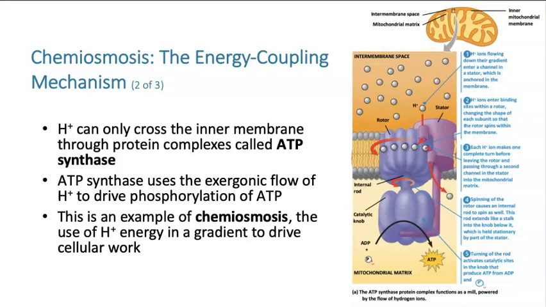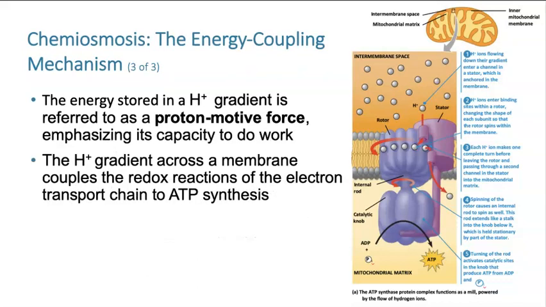Chemiosmosis is defined as the use of proton energy in a gradient to drive cellular work. We can also use the term proton motive force to describe chemiosmosis, because protons are moving along their concentration gradient, using that to drive the synthesis of ATP.